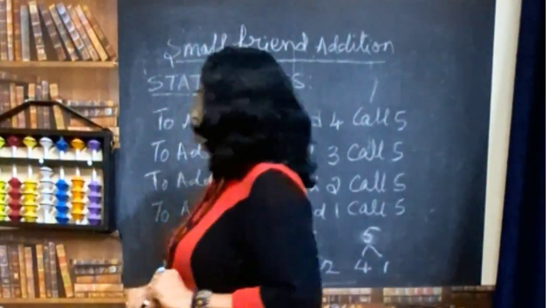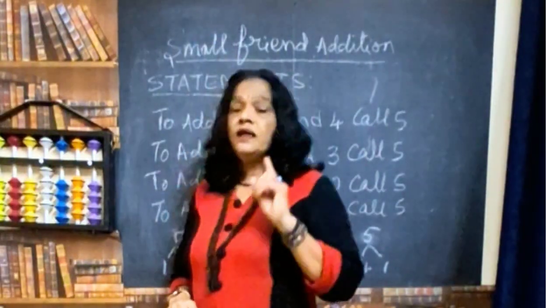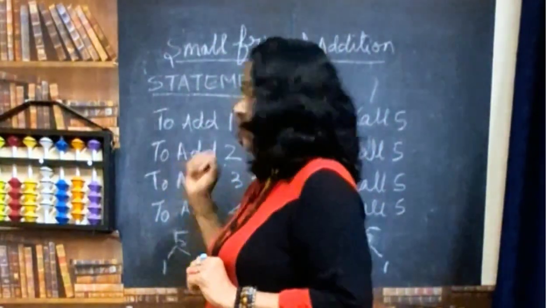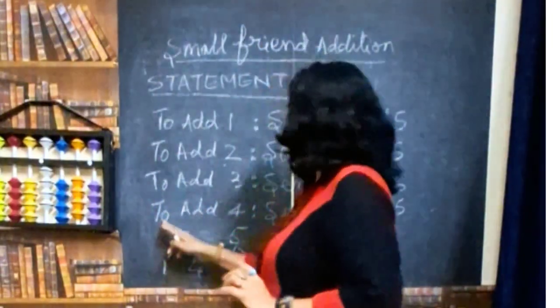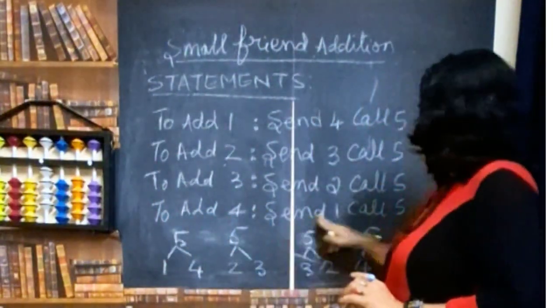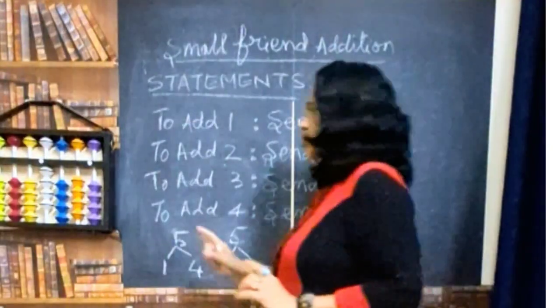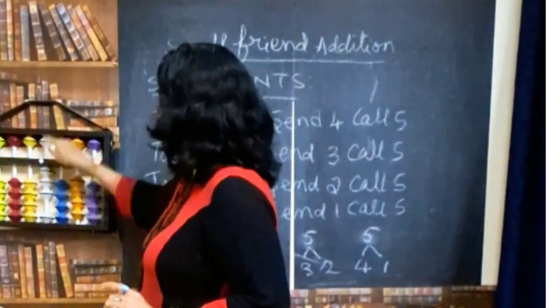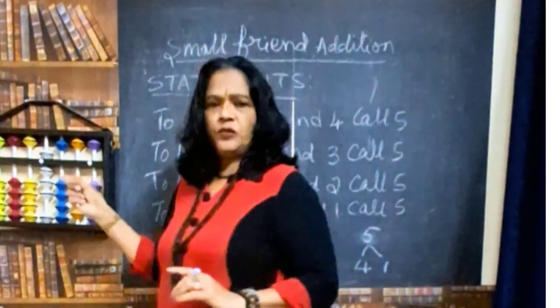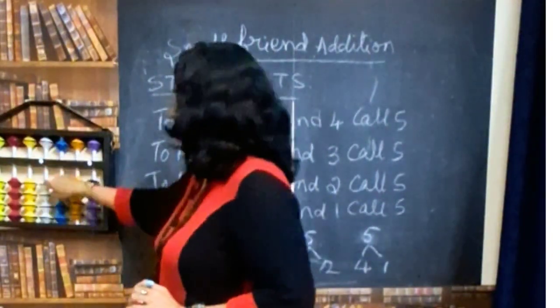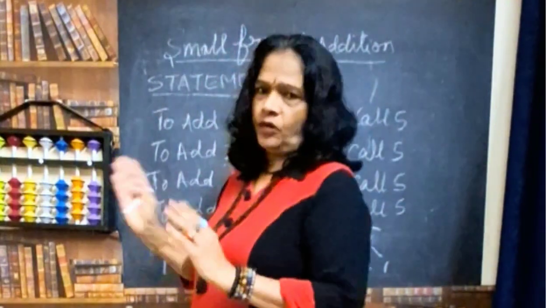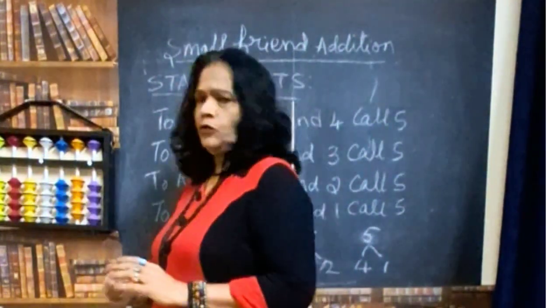Suppose there is 4 on the abacus, add 4. But there are no 4 beads. Look at the statement. To add 4, send 1, call 5. 4 plus 4 is 8. In the same way, we use the same thing for the other rods also.